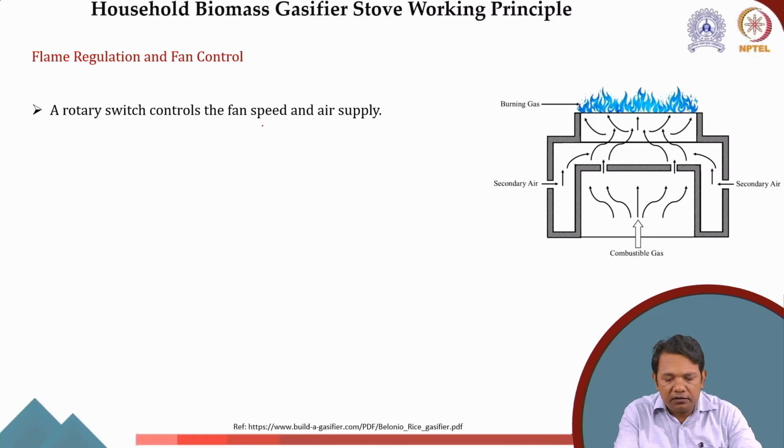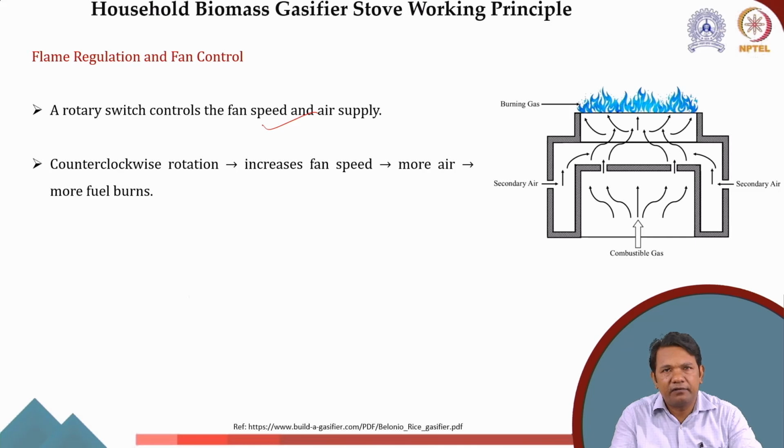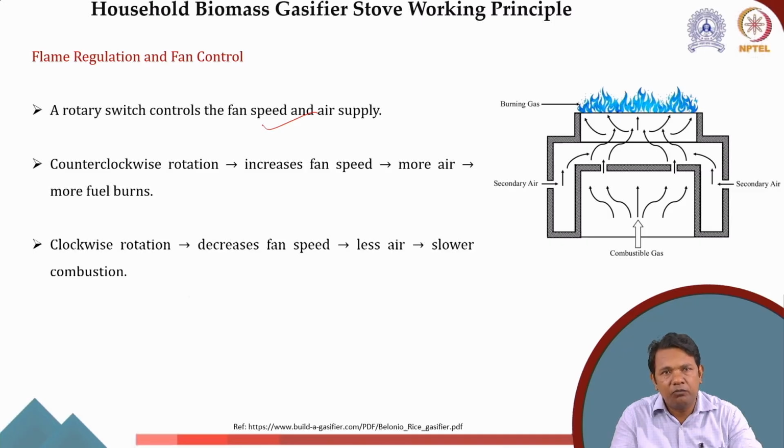So a rotary switch controls the fan speed and air supply. If you do clockwise rotation, it increases the fan speed, and when fan speed increases, you will have more air.